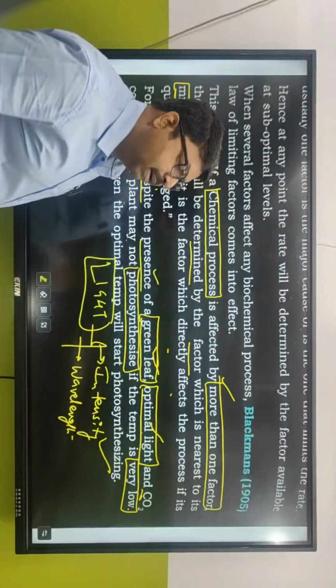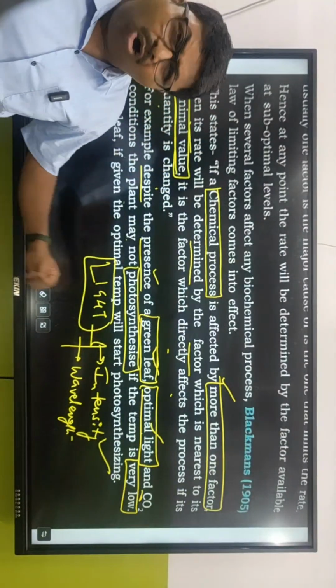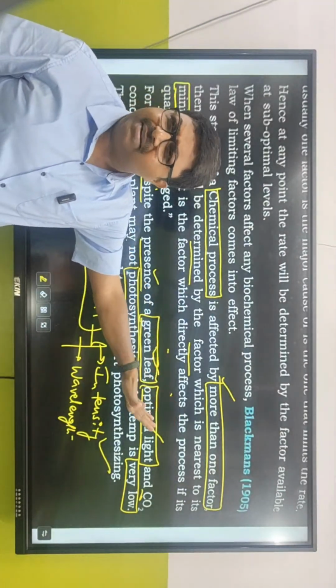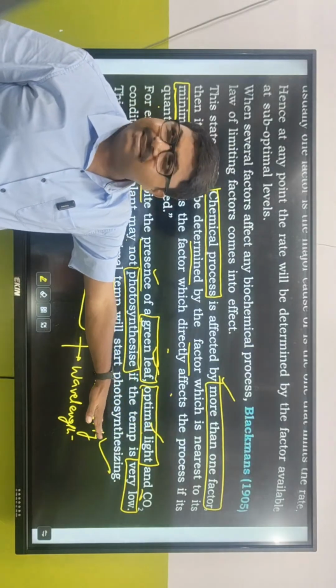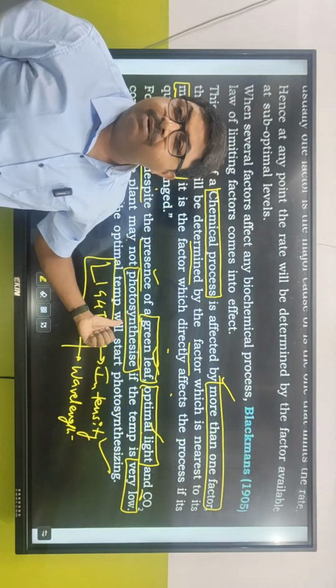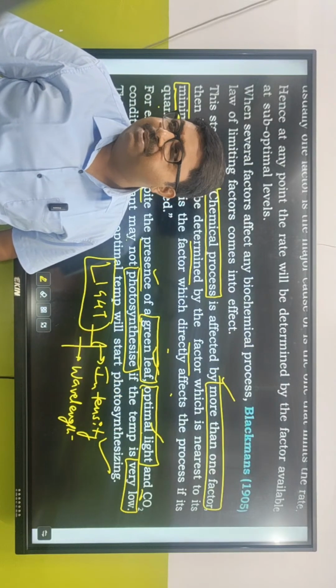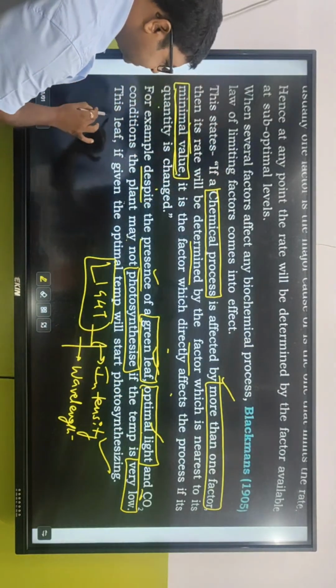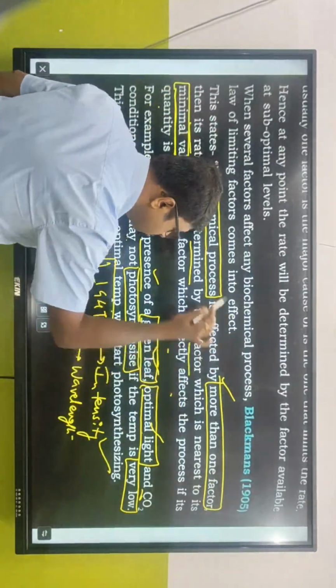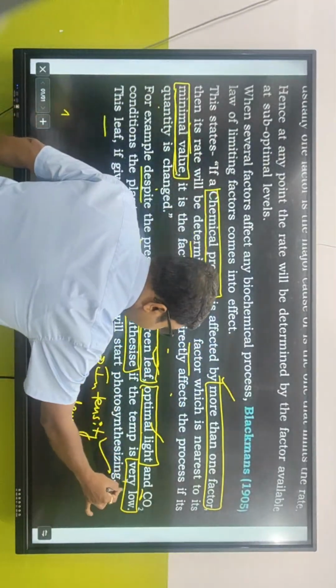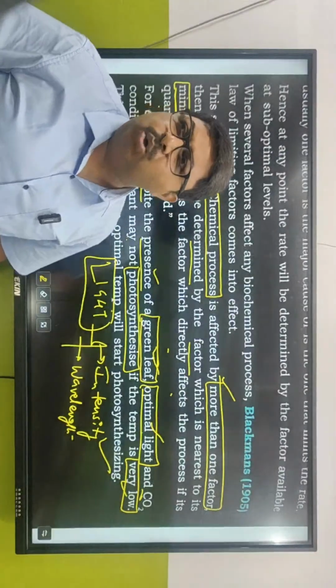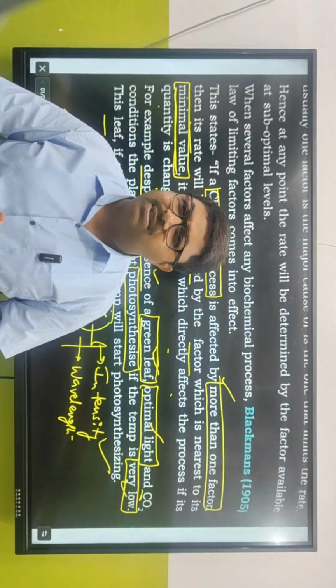क्यों? क्योंकि टेम्परेचर लो है और अदर फैक्टर्स ठीक है, all other factors are okay, but what is less? The temperature is less, so there won't be any photosynthesis. So यहाँ पे limiting factor क्या हो गया? Temperature has been the limiting factor over here. This leaf, if given the optimal temperature, will start photosynthesis. तो यहाँ पे अगर ये optimum temperature दिया जाए इस plant को, तो this plant is going to start photosynthesizing.